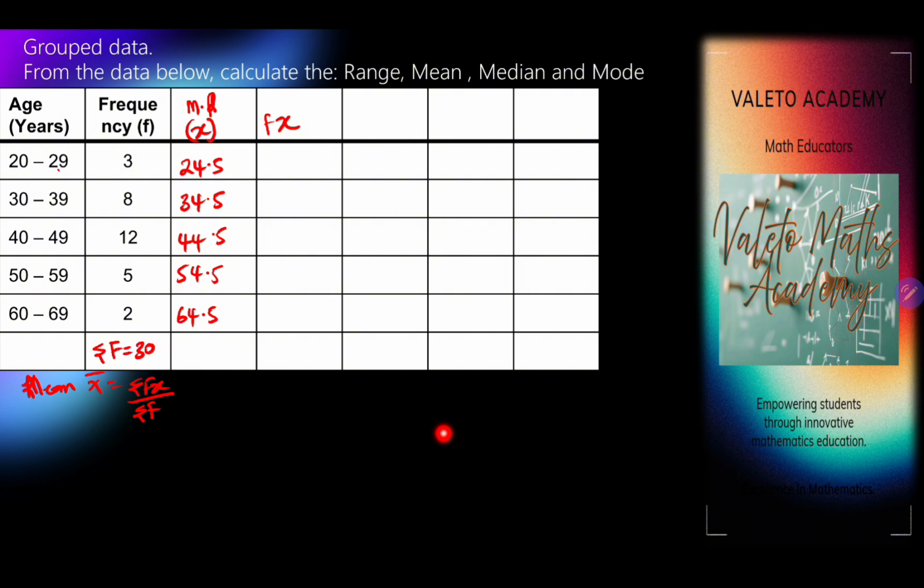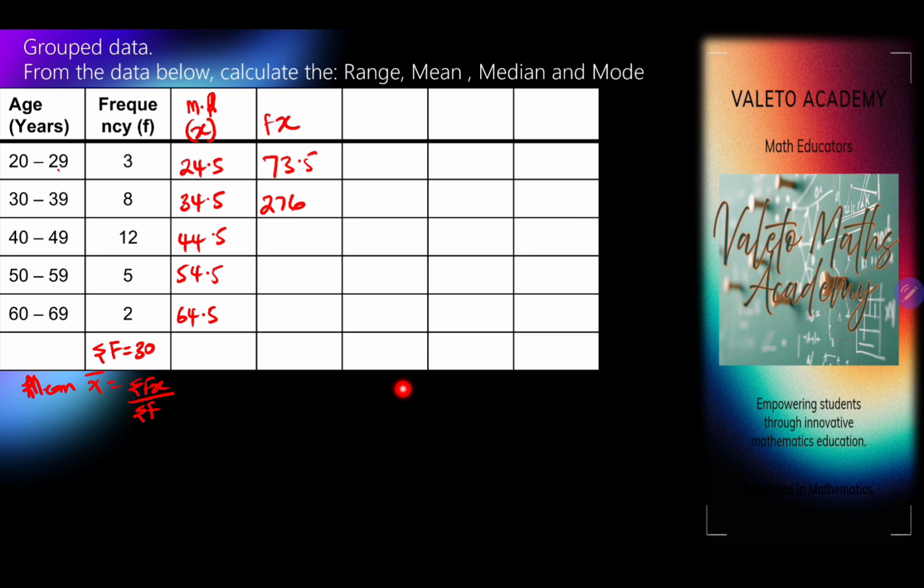So for accuracy and speed, let us employ our calculator. We say 3 times 24.5, which gives us 73.5. For the next class, the frequency 8 times 34.5 gives us 276. Then 12 times 44.5 gives us 534.